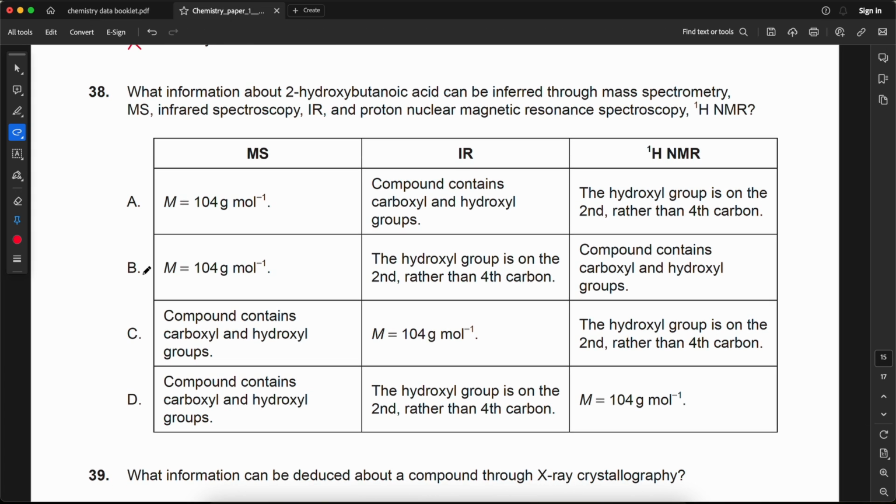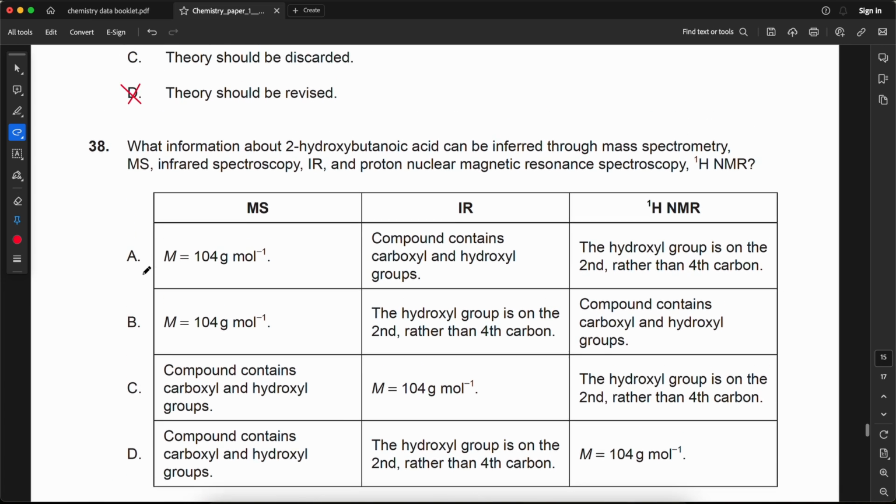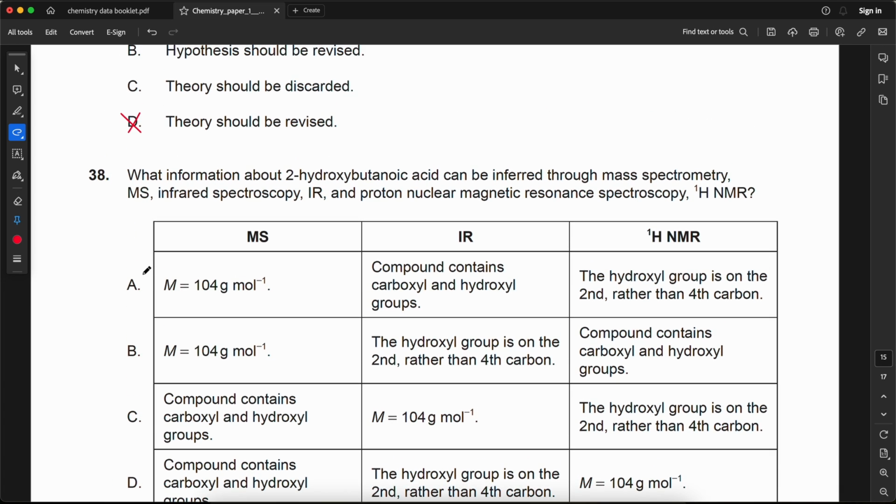What information about 2-hydroxybutanoic acid can be inferred through mass spectrometry? Okay, so the compound 2-hydroxybutanoic acid.